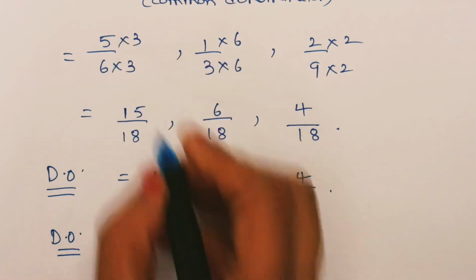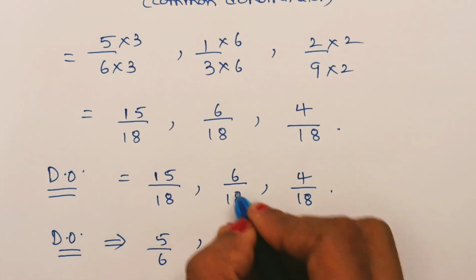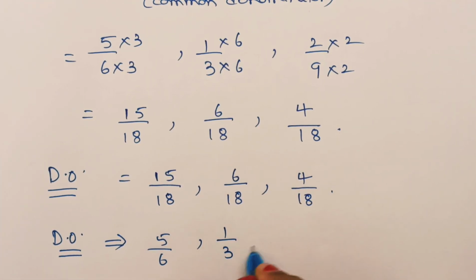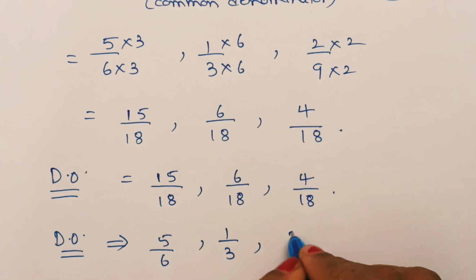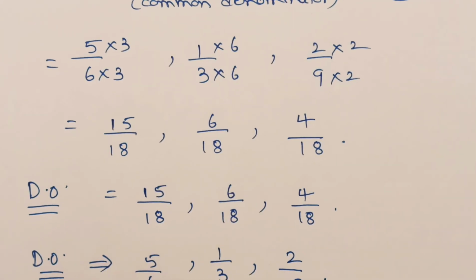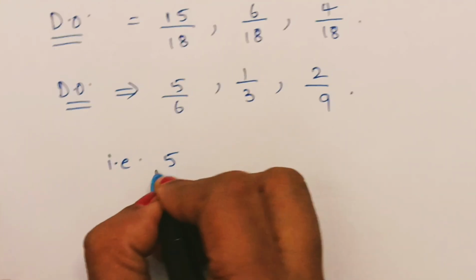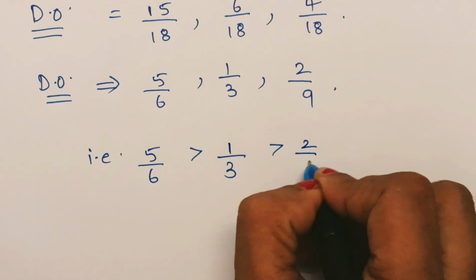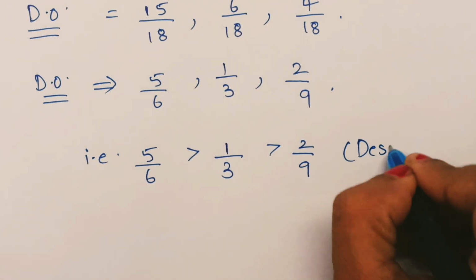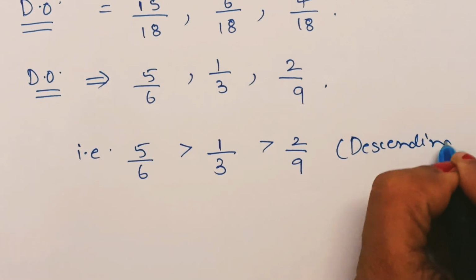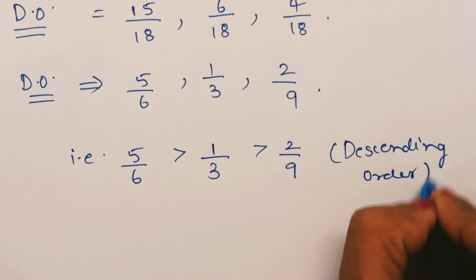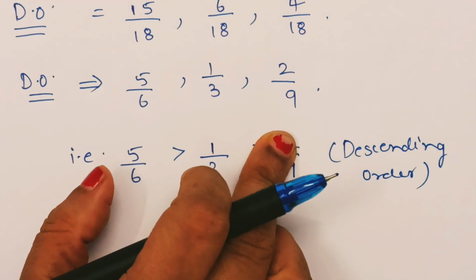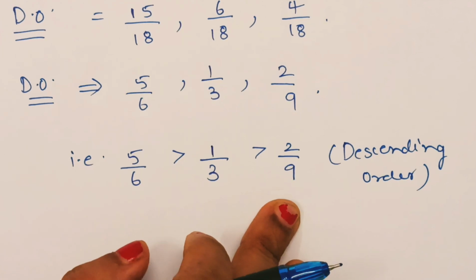You have to note down. That is 5 by 6. 6 by 18 means 1 by 3 and 4 by 18 means 2 by 9. That is 5 by 6 greater than 1 by 3 greater than 2 by 9. So this is your descending order. Either you can write the answer in this form or you can write it in this form.